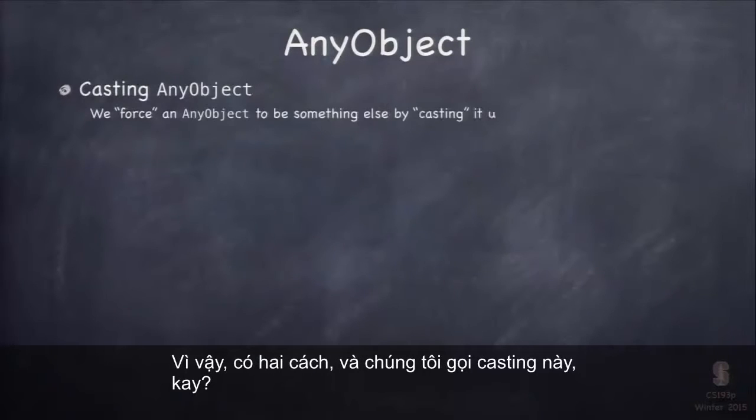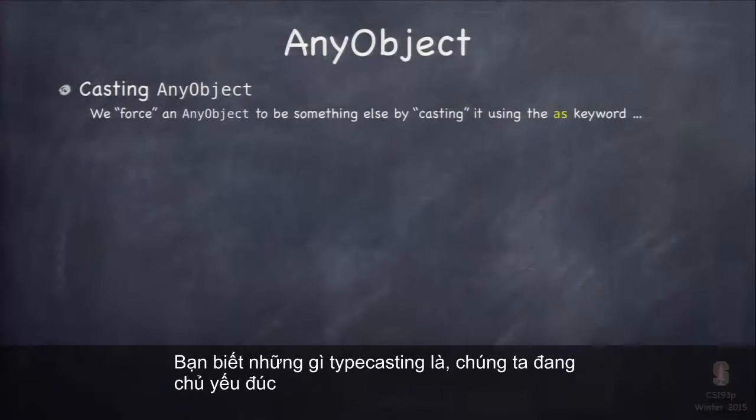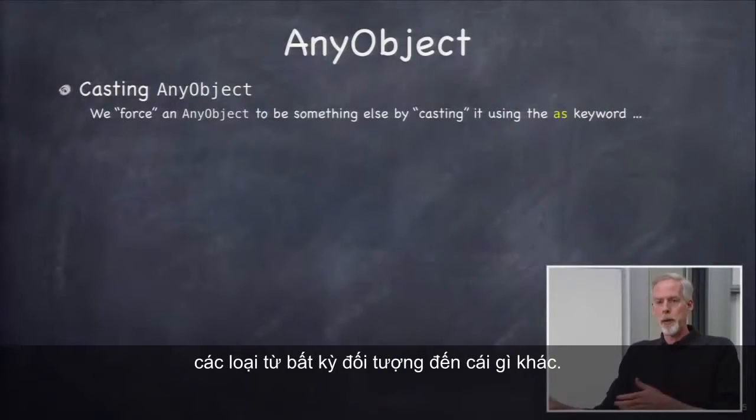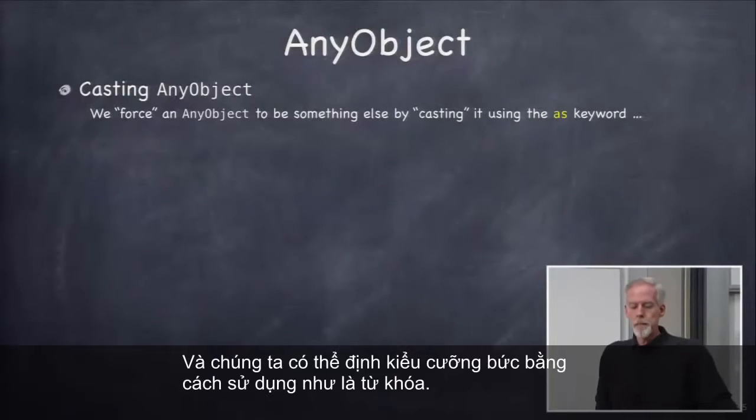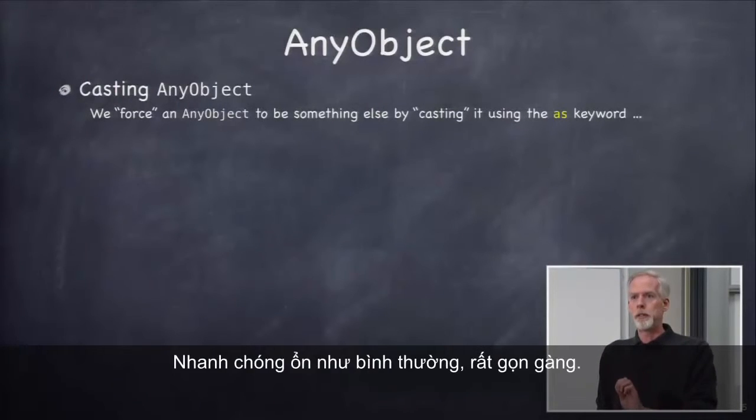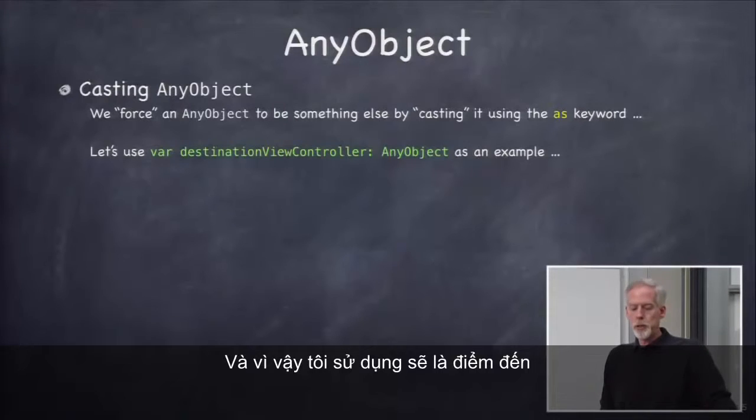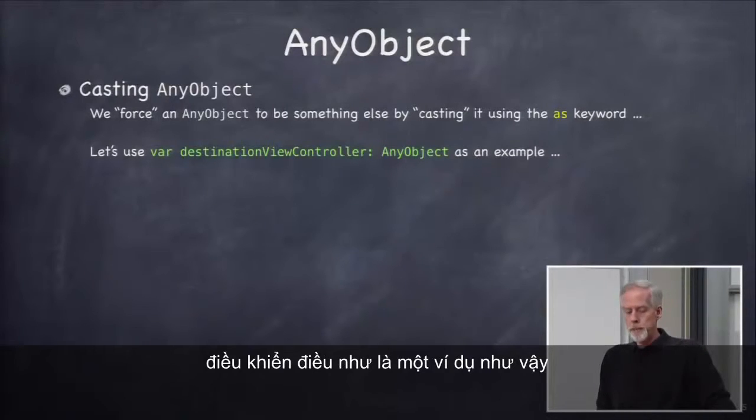So there's two ways, and we call this casting, okay? You know what type casting is. We're essentially casting the type from any object to something else. And we can typecast forcibly using the as keyword, as. Okay, Swift, as usual, very succinct. And so I'm going to use that destination view controller thing as an example.